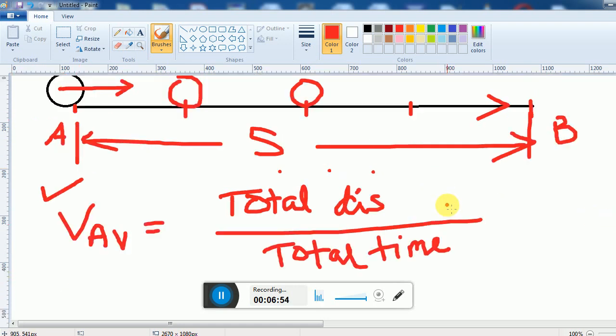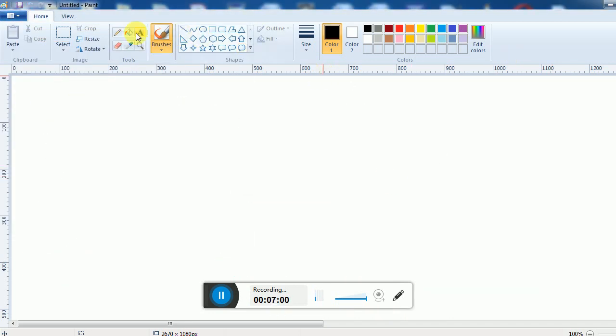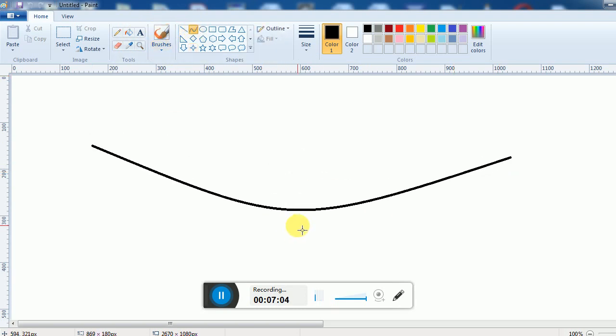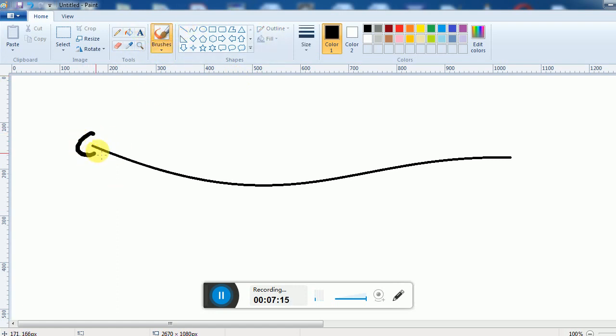Now what about the average speed? What is average speed? Here again you have to draw a different type of line. Let's draw. So this is the line. Here is one point, and here is another point.